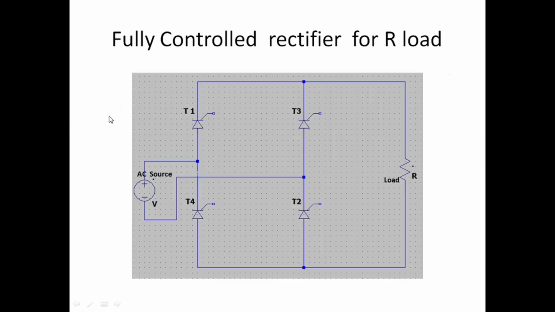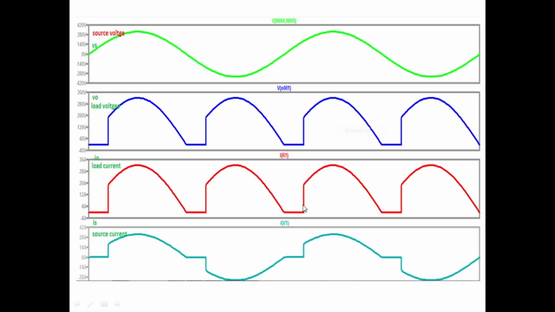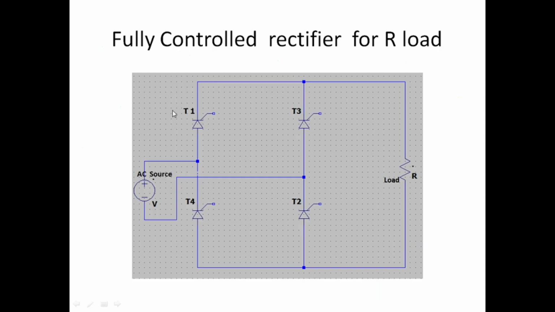If I go back, in the positive half cycle, T1 and T2 conduct only if you apply the gate pulses. So somewhere here we have applied gate pulses. That's the reason T1 and T2 start conducting. Once T1 and T2 start conducting, they act like a closed wire.